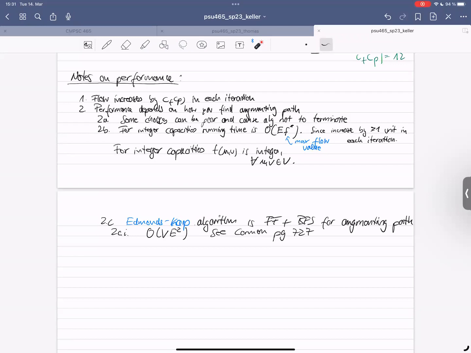And with weight, you mean what? What do we mean with weights? We don't have weights. You mean the capacities, not the flow, right?